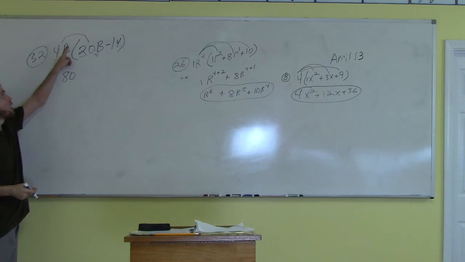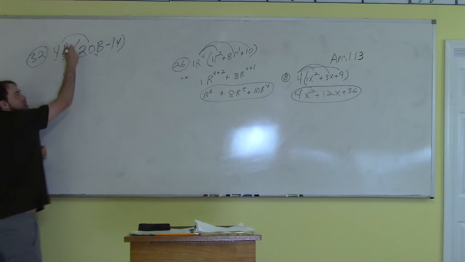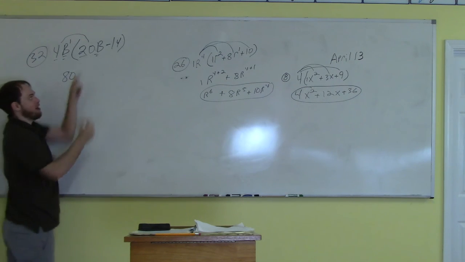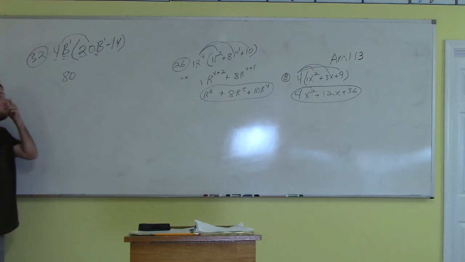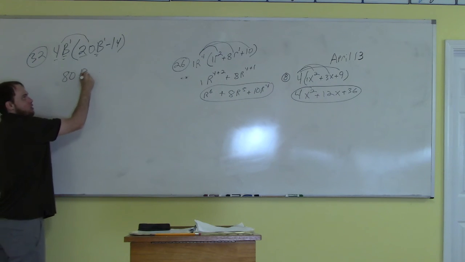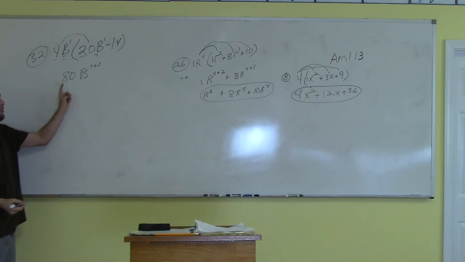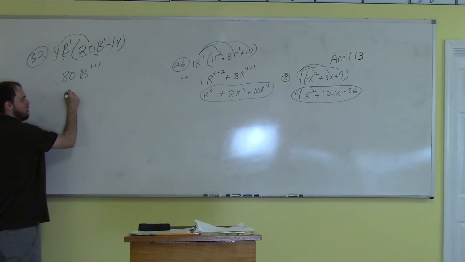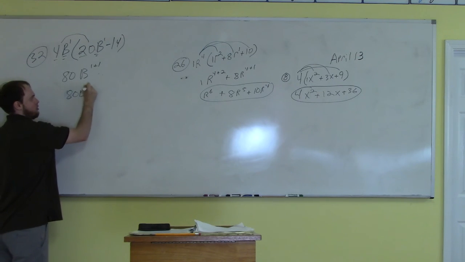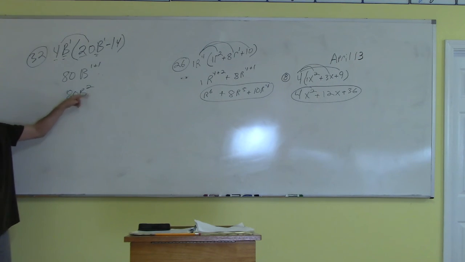And so there's an understood 1 for this one, and then there's an understood 1 for that one since I didn't write it. And so we're really doing b to the 1 plus 1 as the exponent. And so this would be 80b squared. So 80b squared, 1 plus 1 is 2.